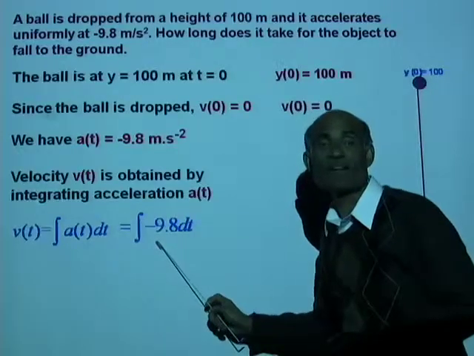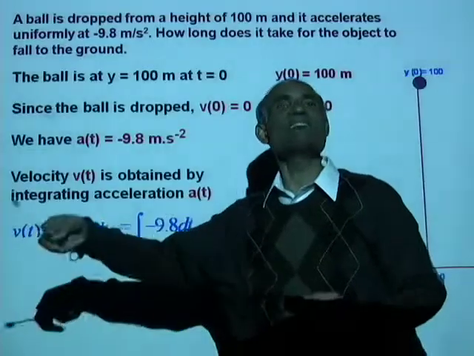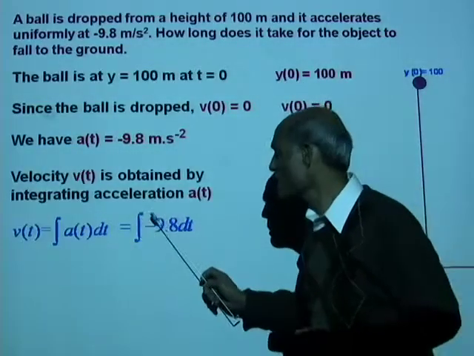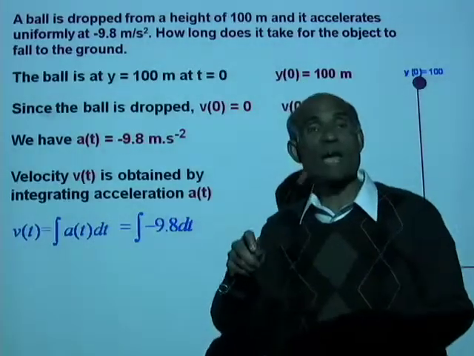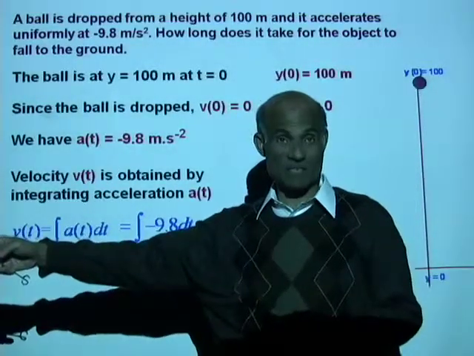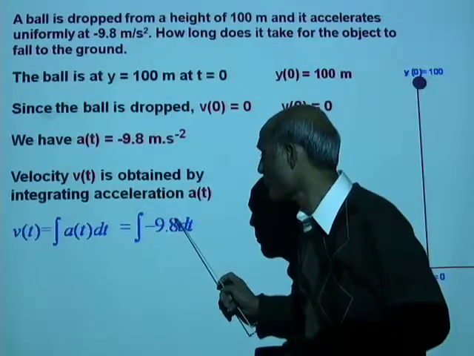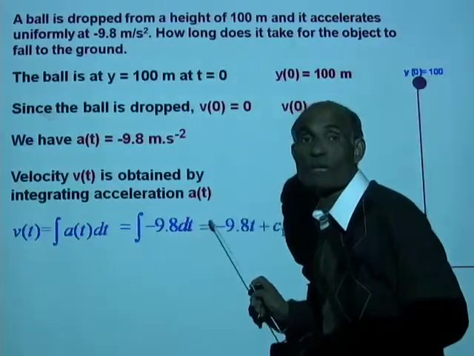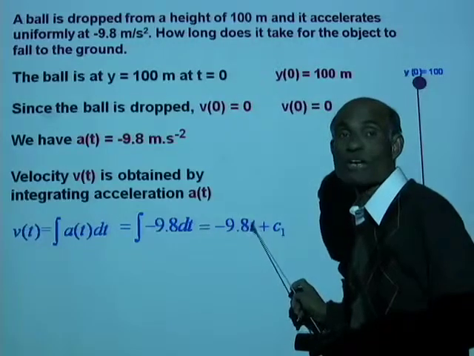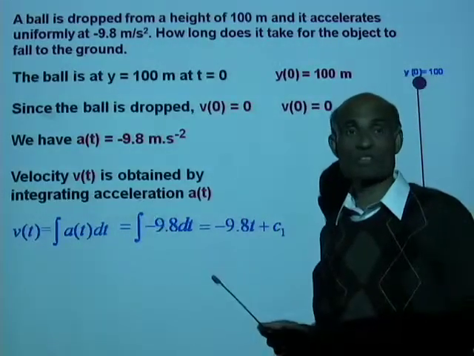Can you integrate that? Integral A dt is A t plus C. Is that right? Integral negative 9.8 dt will be negative 9.8 t plus C1. C1 is our first constant.